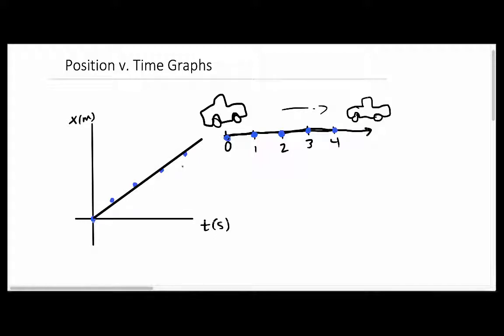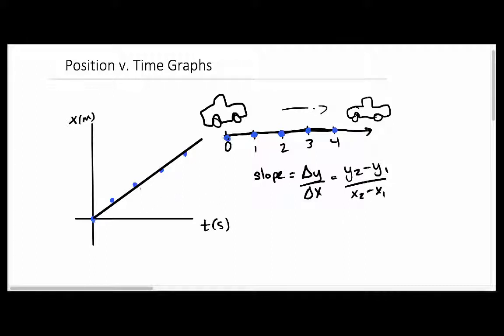Now, the slope of this line is really important, and that's really what you're looking for on a position time graph, is the slope of the line. Now, why is slope important? Well, if you remember graphs in your math class, you learned that slope was equal to the change in y over the change in x, or y2 minus y1 over x2 minus x1.